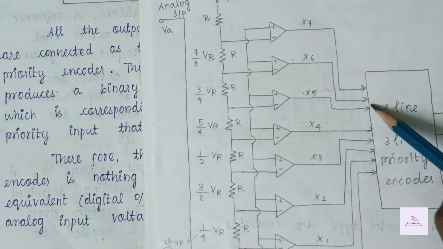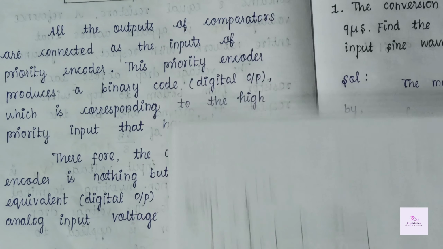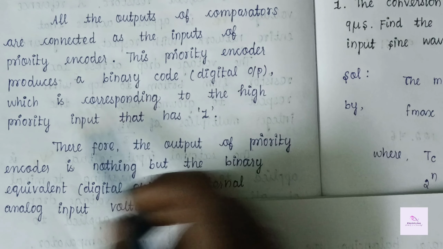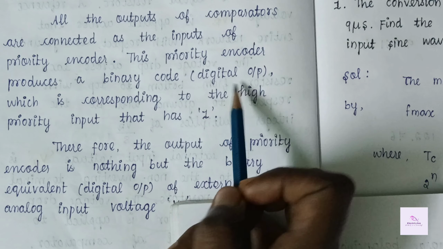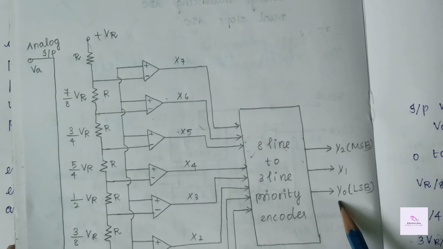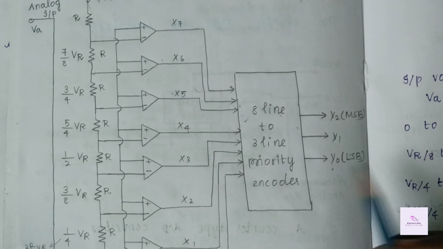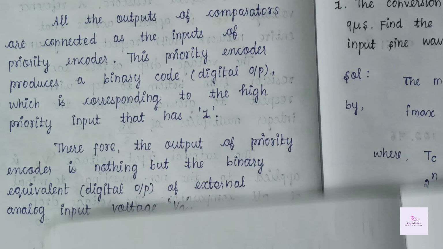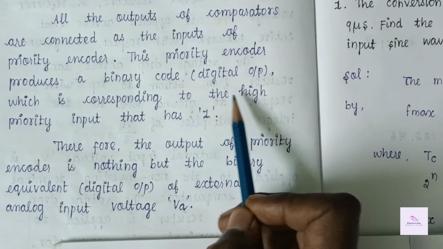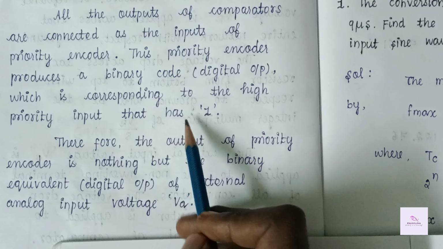The priority encoder produces a binary code or digital output, which corresponds to the highest priority input that has 1.